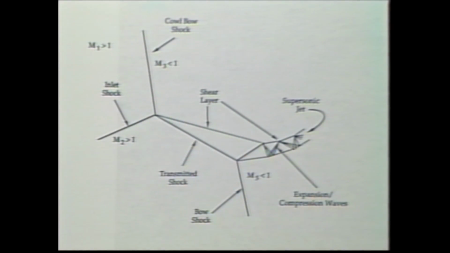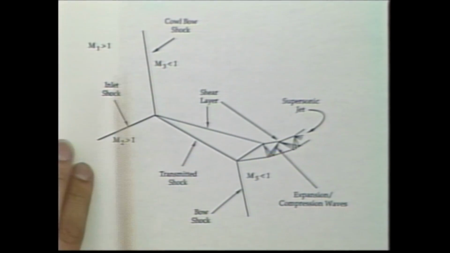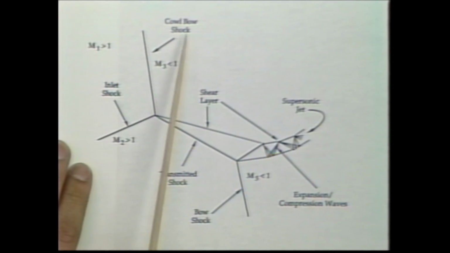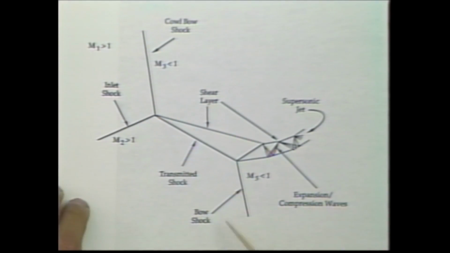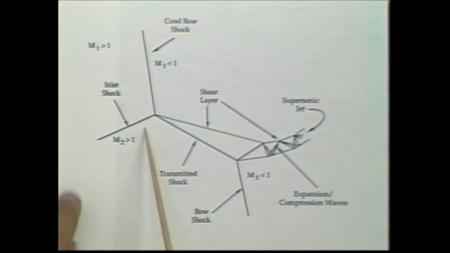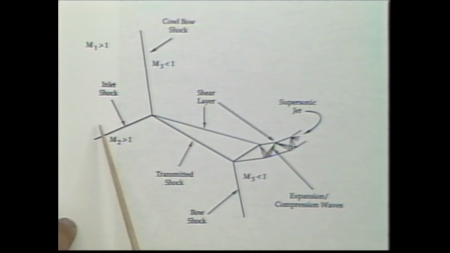Well, think about what happens to flow passing through this flow field. The flow that passes across the cowl bow shock sees a relatively strong shock. Also down here, the flow that passes through the bow shock sees a relatively strong shock. But look at what happens to the flow that passes through here. First, it goes across the inlet shock, and that's a relatively weak shock. It's a relatively oblique shock.